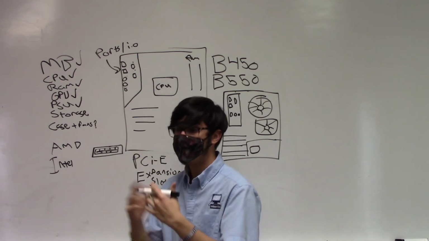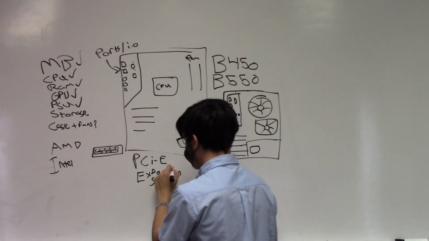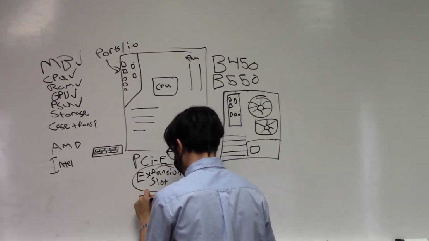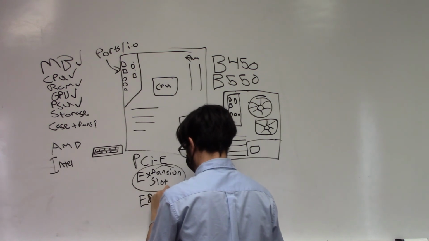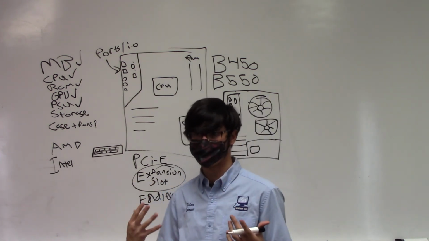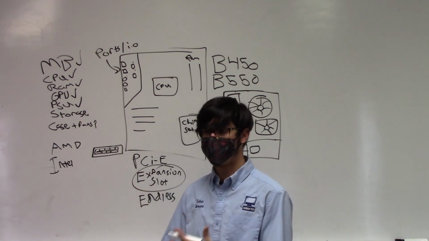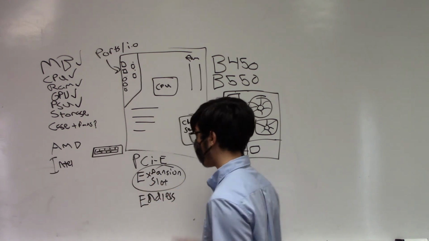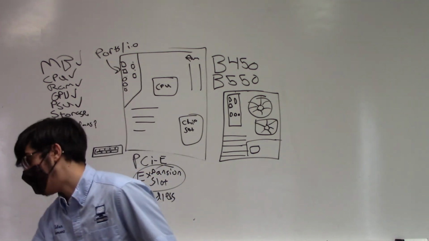You can do that. Essentially, expansion is endless. If you can find it or program it yourself, most likely you can find a card or make a card that has that stuff.